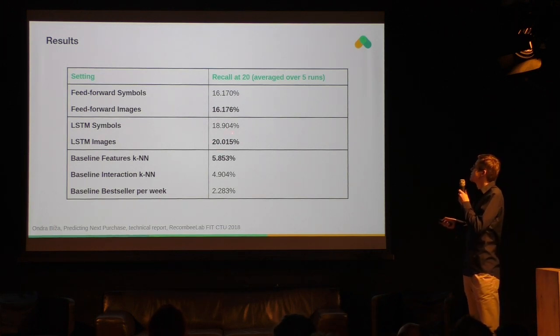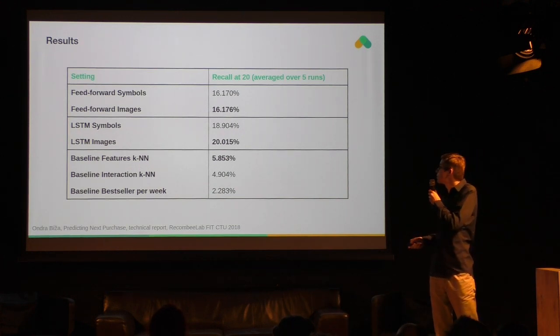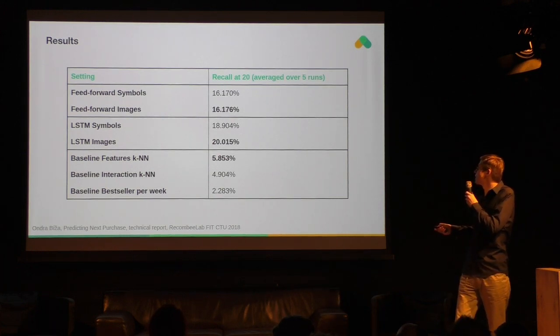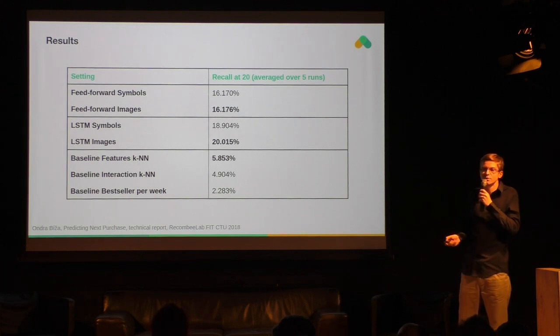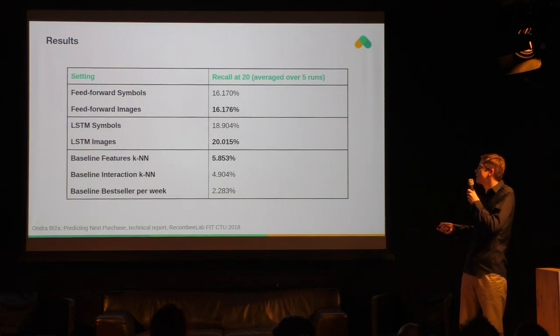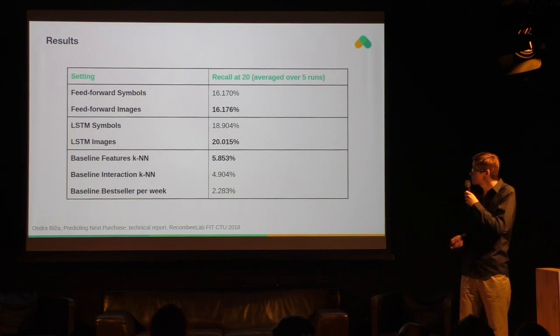So in this case, it was the expected and nice result that we wanted: if you use recurrent neural networks and the embeddings, you get the best result. That's cool, that's what we wanted, and we got about a 4 times increase compared to simple baselines, of course. I mean, in reality, we use more complicated algorithms.